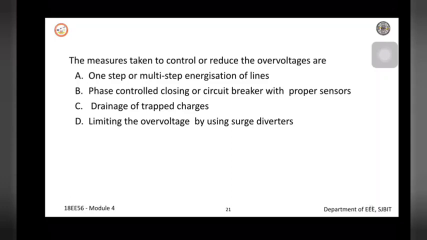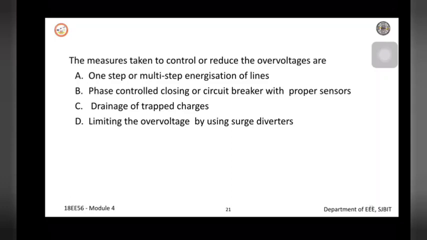And finally, limiting the over voltage by using surge diverters. We have a lightning arrestor or surge diverter that we can make use of. Whenever over voltage is present, it can easily be diverted to the ground without harming any of your other power system components.